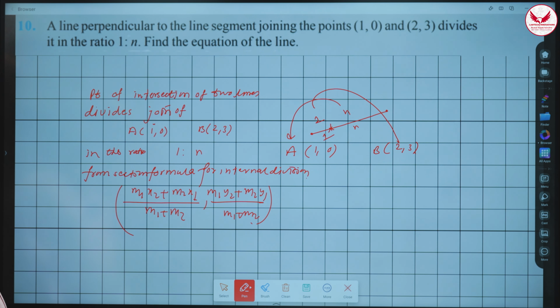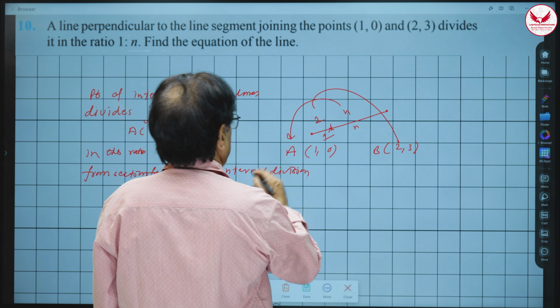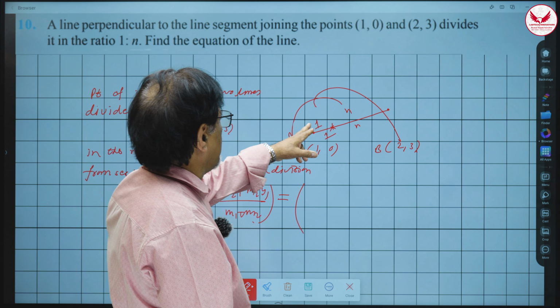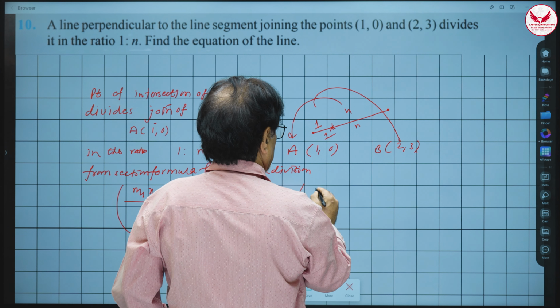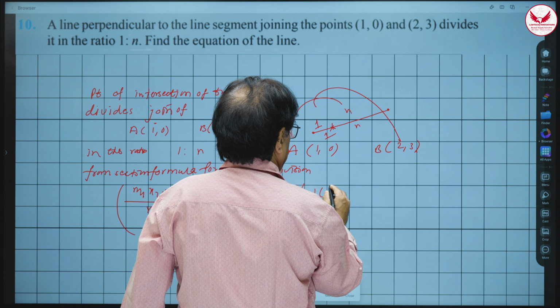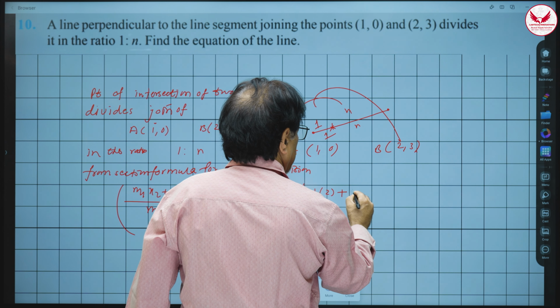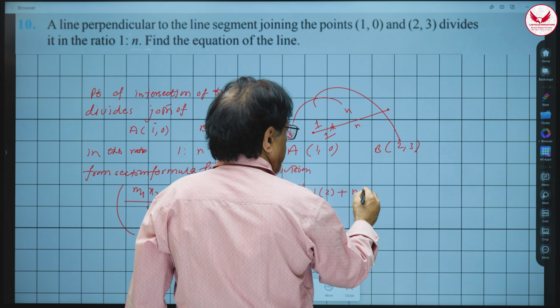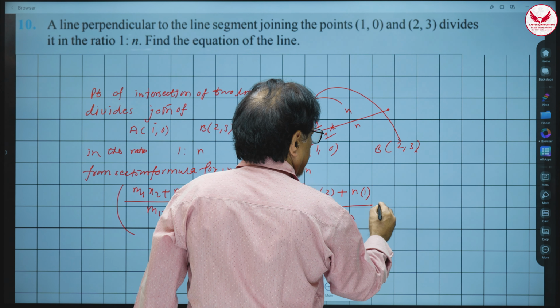Now here it is very clear what is x1, y1 and what is x2, y2 and what is m and n. So therefore, here m1 is 1 and m2 is n. So it will be what? 1 multiplied by x coordinate of B, which is 2, plus n multiplied by x coordinate of A, which is 1, divided by 1 plus n.